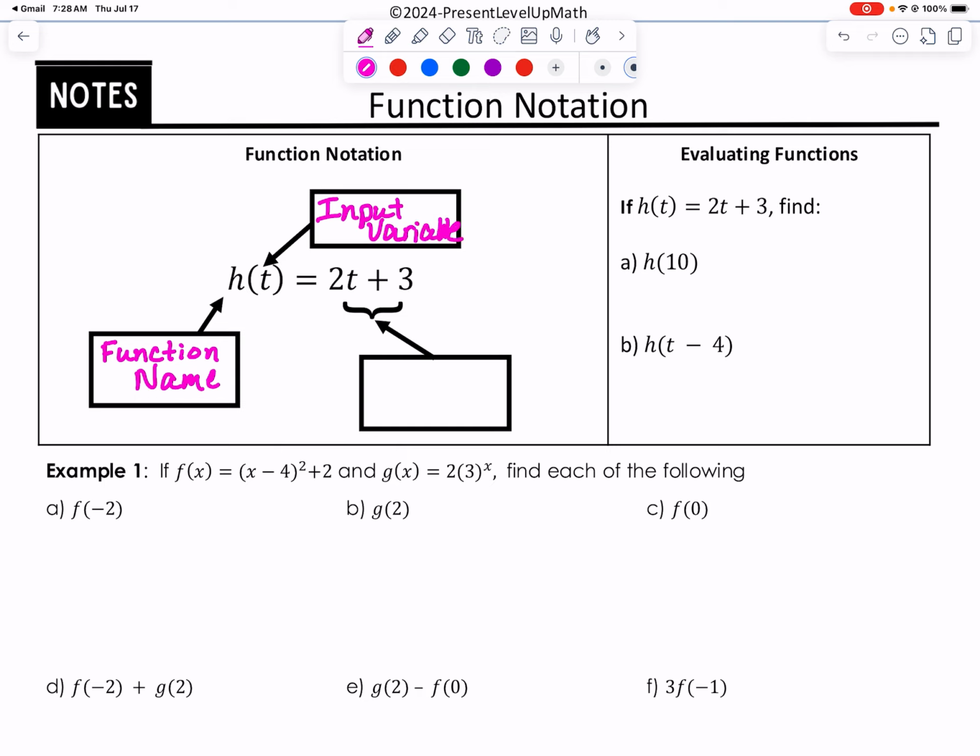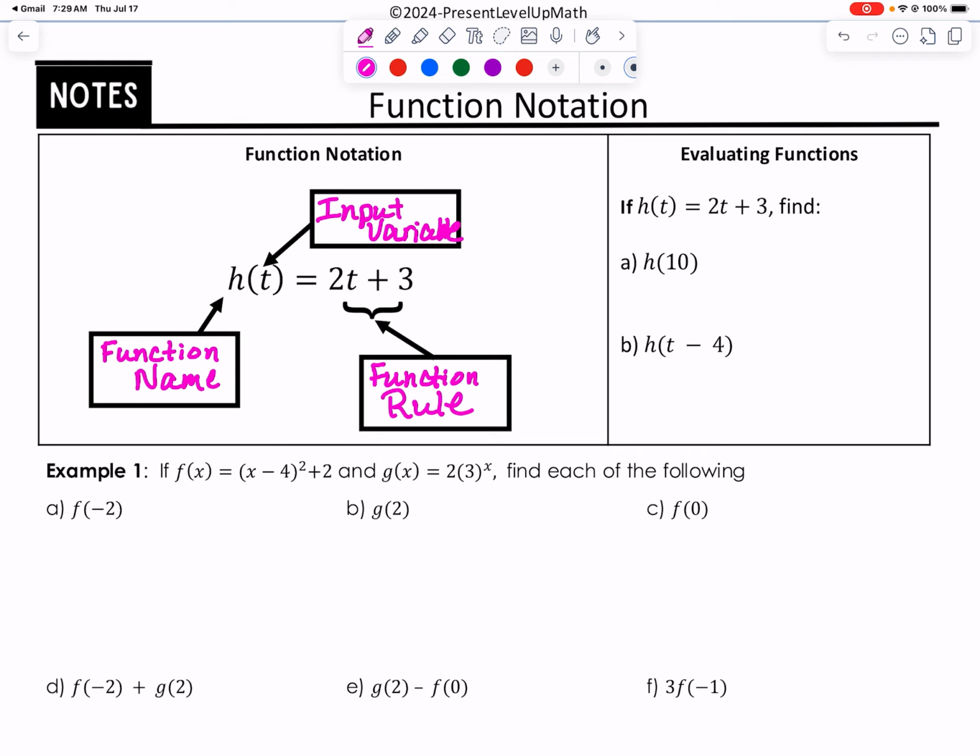And the 2t plus 3 represents our function rule. So in this function, they want you to take each input value, multiply it by 2, and then add 3.